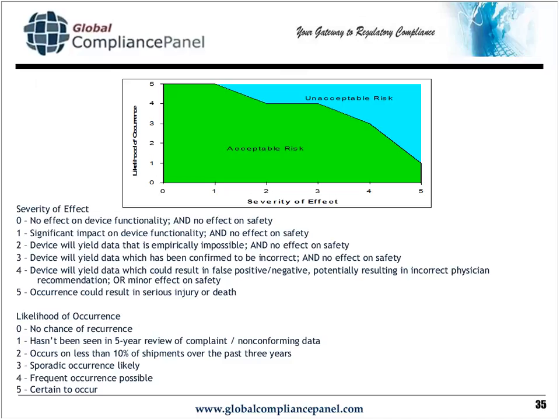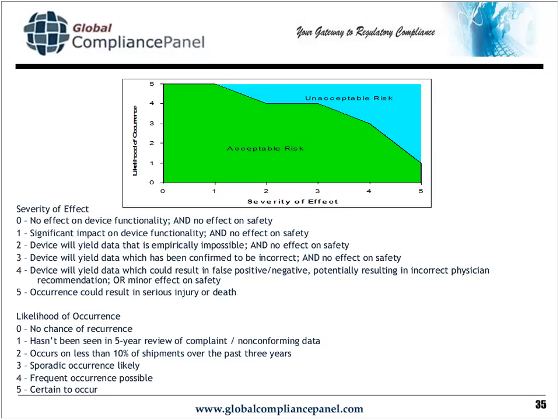This is a form that I've seen used in the past to determine whether you need to take field action. So you're determining risk by doing this on complaints, for example. You're graphing severity against likelihood. Using a 0-0 point on the graph, this particular nonconformance has no effect on functionality and no effect on safety.